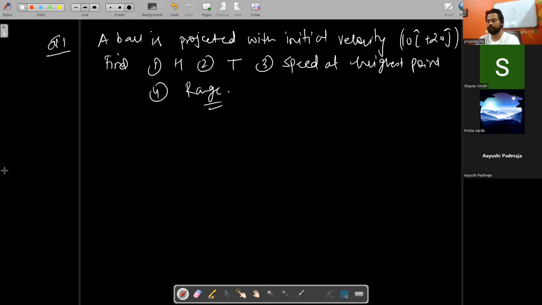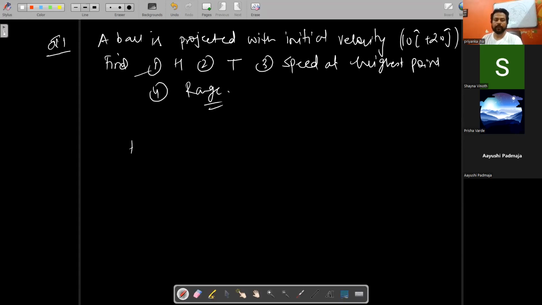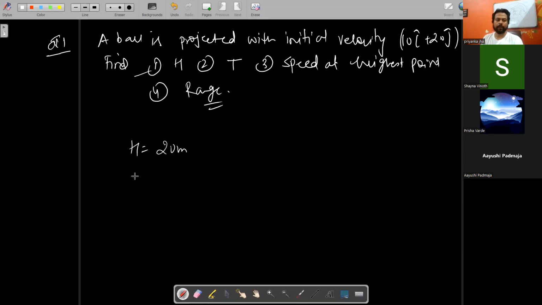So what is the actual answer? Let me write the answer now. Maximum height is 20 meter.